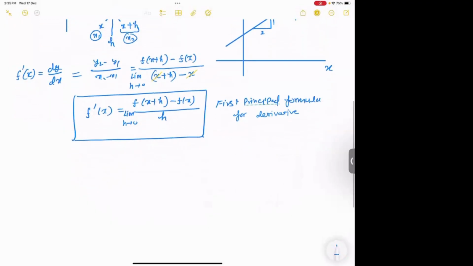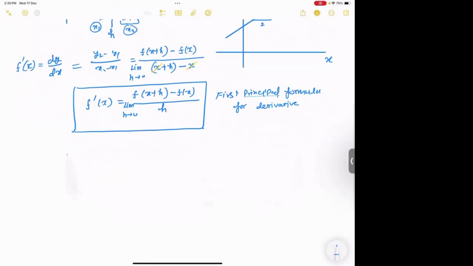Okay, derivative we can represent by dy dx. We can represent also by f prime x. These are the ways, depends on the variable. Like if variable is t, then we can write dy dt. I mean, when time is changing, then y is changing.